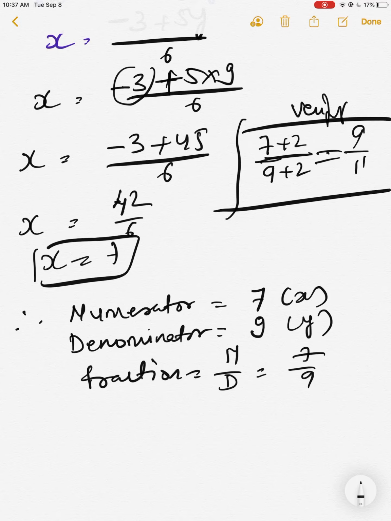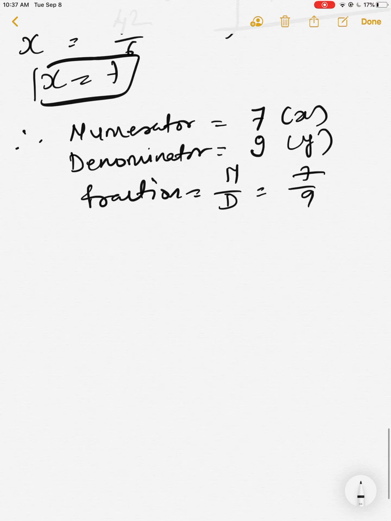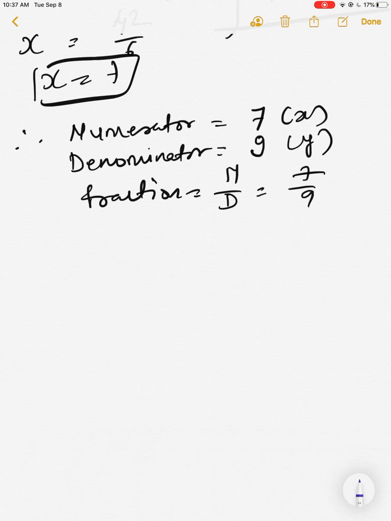That is the fifth problem. Then the last problem is there. The sixth problem is: 5 years ago, 5 years hence, the age of Jacob will be 3 times that of his son.